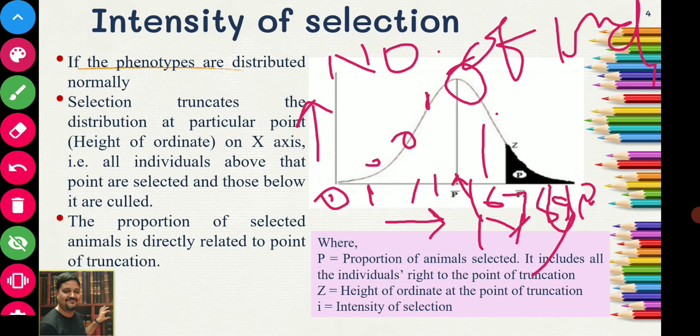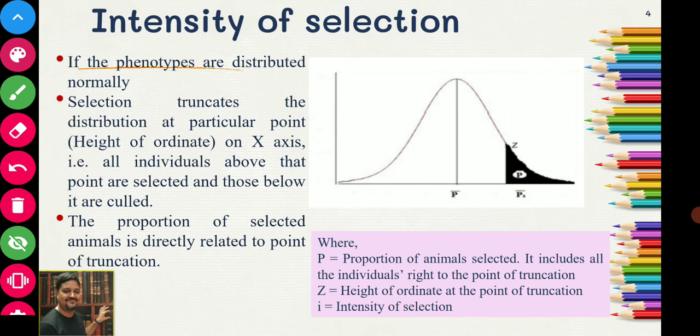Now suppose in your population of animals you have an average milk production of 5 liters, but you have animals producing in the range of 1 liter to 10 liters. Now you decide that you will choose animals producing at least 7 liters.